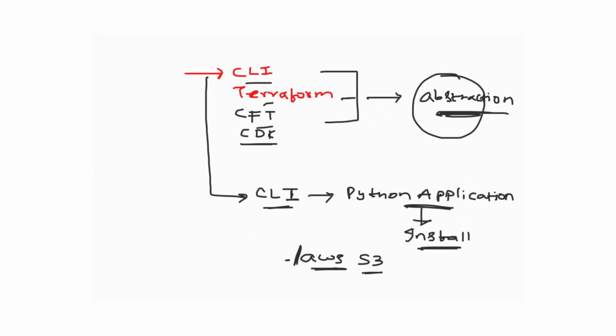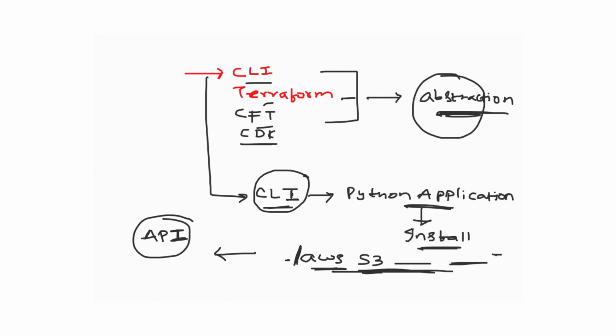What is the name, is versioning required or not, and all of these things. I will convert. Who will convert? The AWS CLI application. Once you send this input, it will convert this specific thing to an API call, and it will send it to AWS.